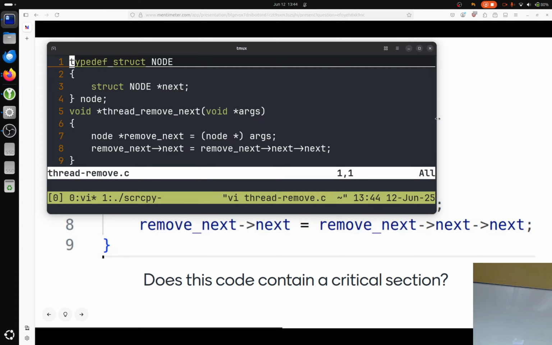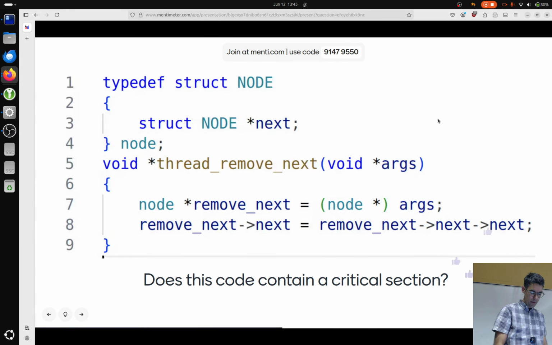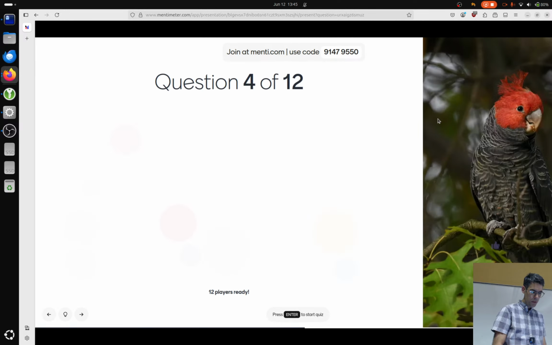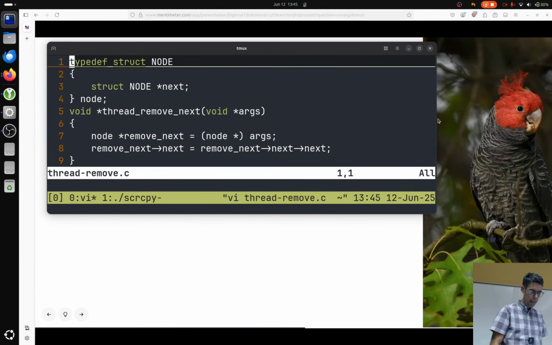The question ultimately is, does this contain a critical section? Okay, I'm going to pop over to my Mentimeter slides. I'm going to start the quiz, and then I'm going to put the code back up.